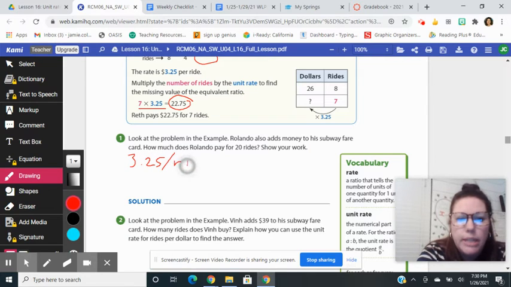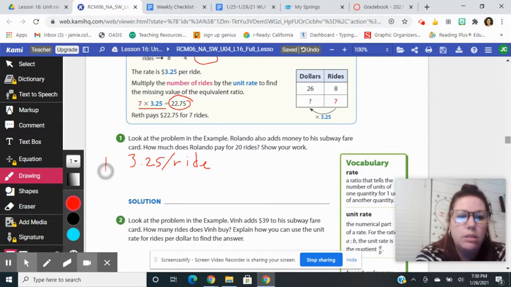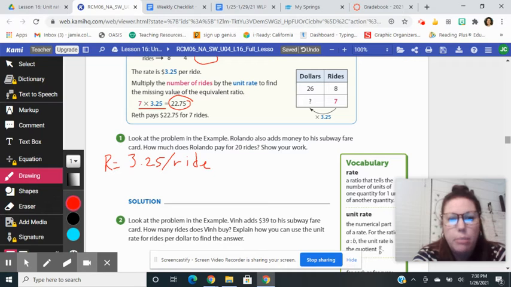So remember I said that sometimes this little slash mark also means per. Okay, so this is what the rate is right now. And since we already know the rate, all we have to do is take this number and times it by 20 to find out how much he's going to have to pay for his 20 rides.